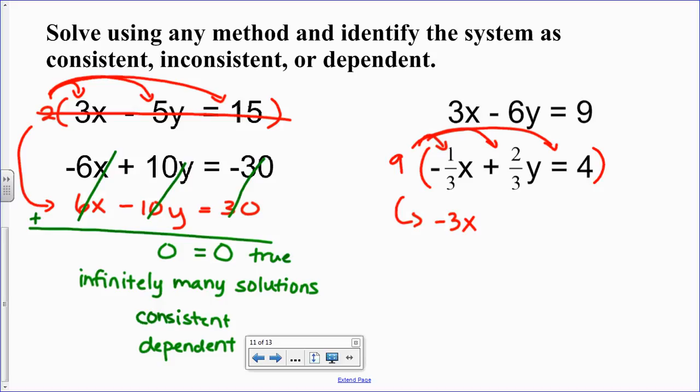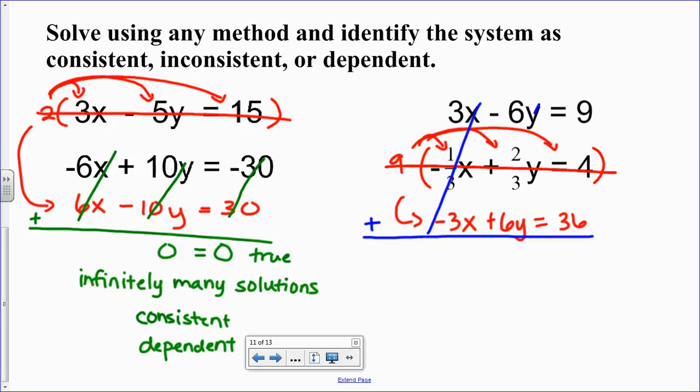And do 9 times 2/3. What do we get? 6y. And then 9 times 4. 36. Okay? Now that I have opposites, so opposites mean you can add.